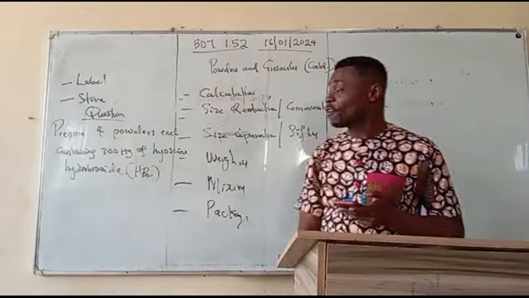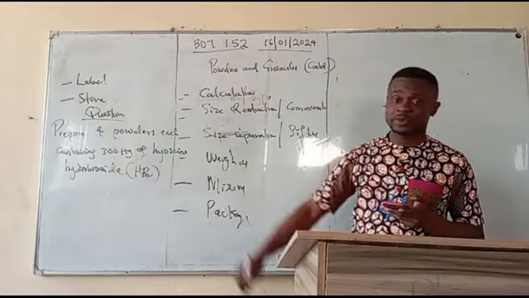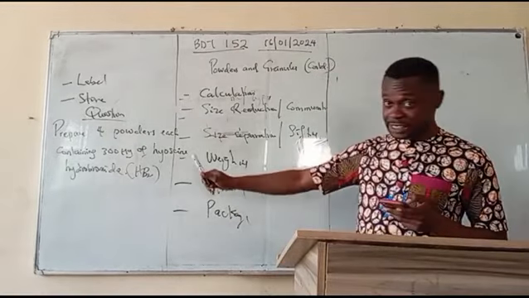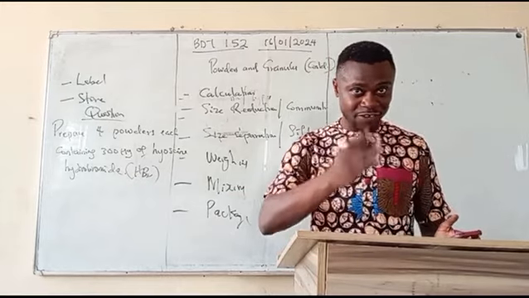Prepare 4 powders, each containing 300 micrograms of hyoscine hydrobromide. You see that they said 4 powders.